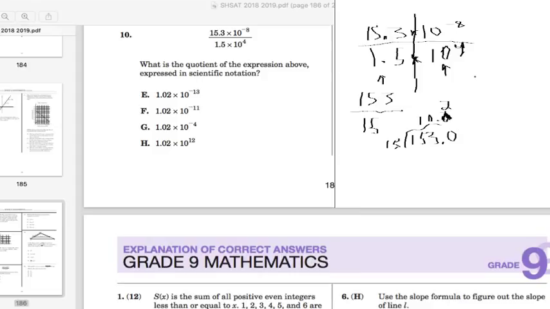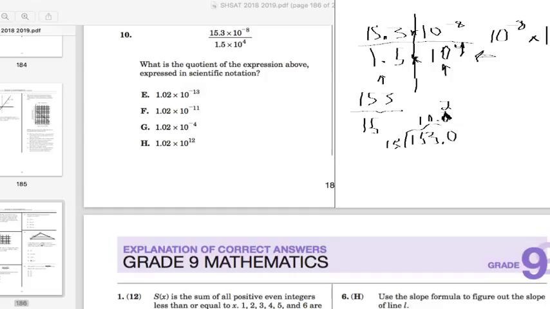Okay, and now we're going to work on this part. We have 10 to the minus 8 divided by 10 to the 4. But we know there's a certain rule when there's a denominator that this is the same as 10 to the minus 8 times 10 to the minus 4.